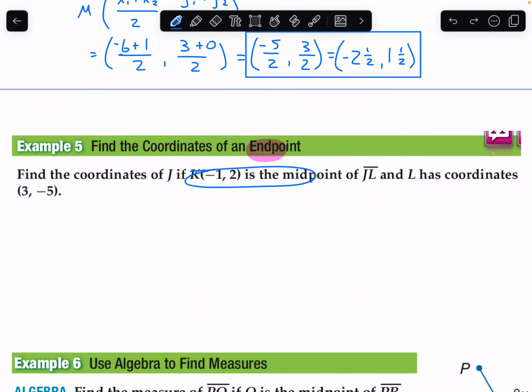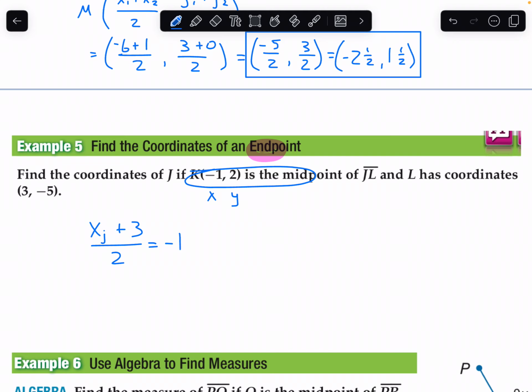which tells me two things. Since this is my x coordinate and this is my y coordinate, it tells me some mysterious x coordinate for J, we'll call that x sub J, plus x for L, the 3, divided by 2, is equal to K's x coordinate, -1.